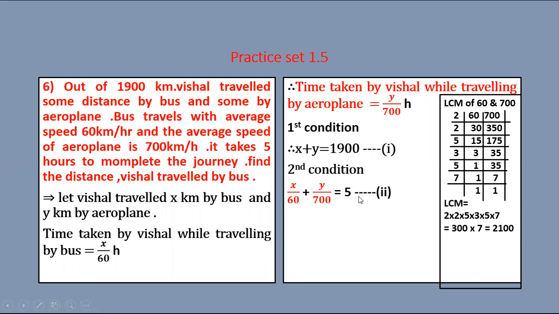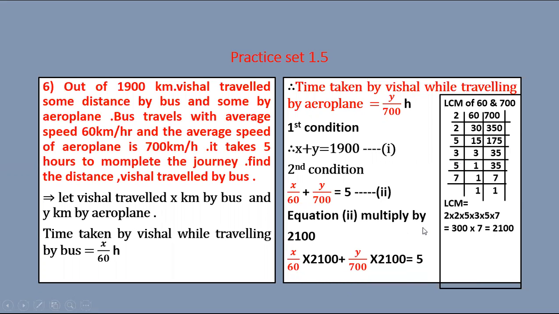2100 divide on both sides of equation number 2. Then we get equation 2 multiplied by 2100, x/60 multiplied by 2100 plus y/700 multiplied by 2100 is equal to 5. 60 divide 2100 and 700 divide 2100.